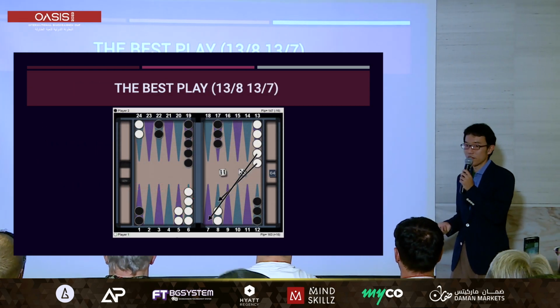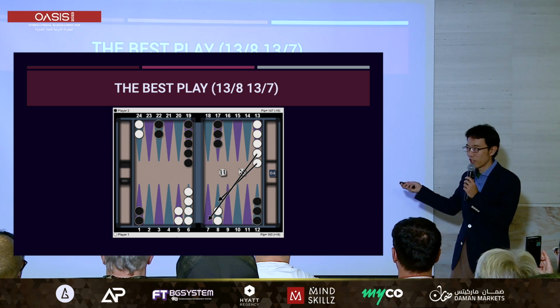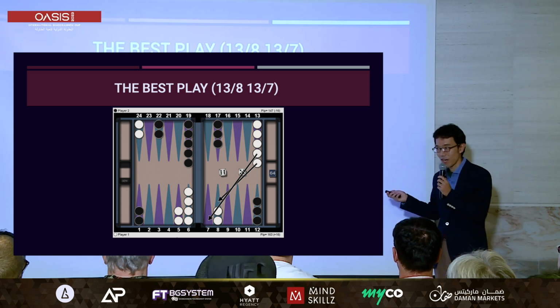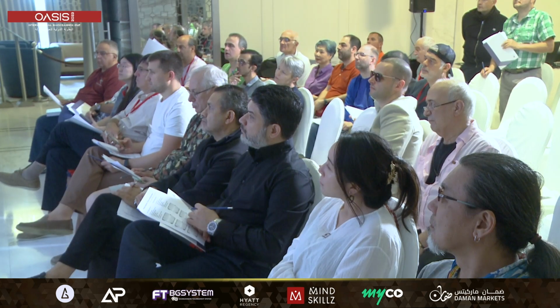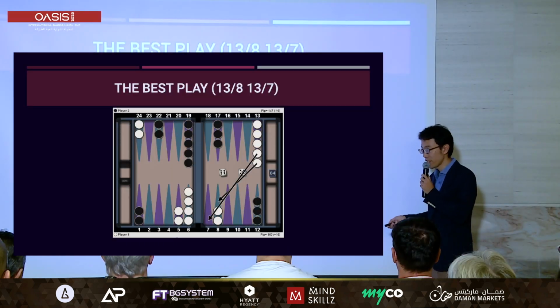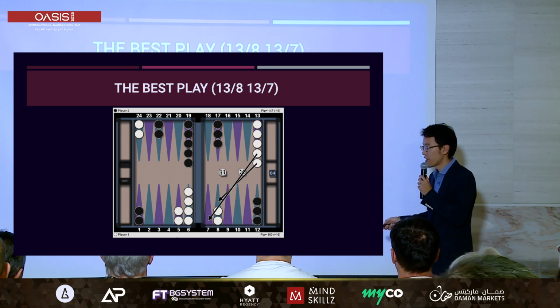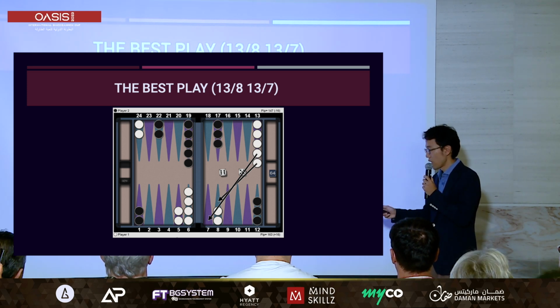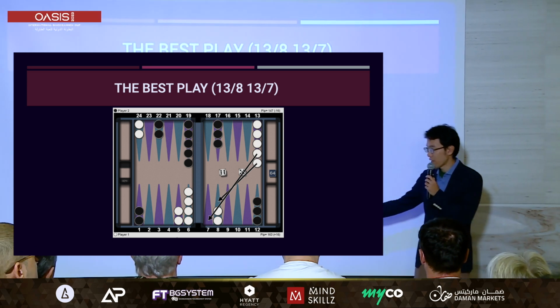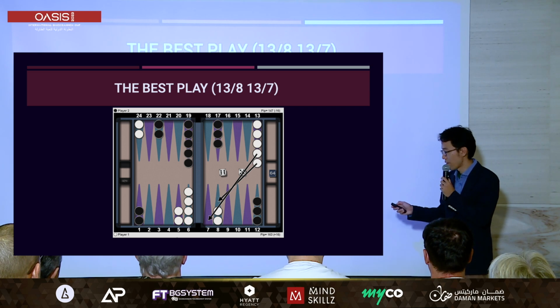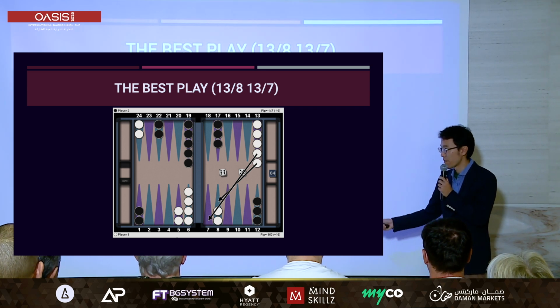So 6-5. Finally, we go back to the original position with 6-5. The best play here is 6 and 5, 2 down. The reason is this is the best climbing play. If black downrolls 6, white can form a climb quite easily here, right?